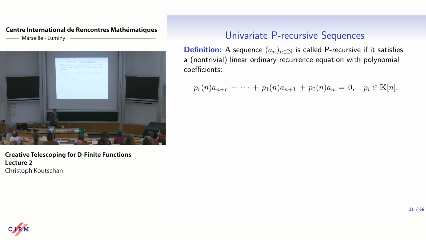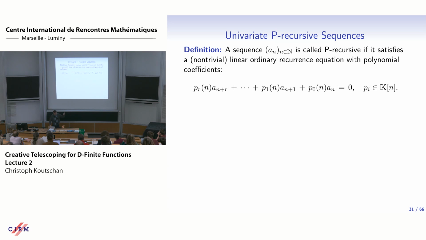If we have a sequence of numbers or other objects, a_n, that is indexed by the natural numbers, we call this sequence p-recursive if it satisfies a linear recurrence equation with polynomial coefficients. So the shape of such an equation is given here.